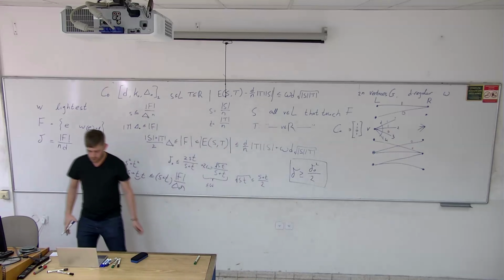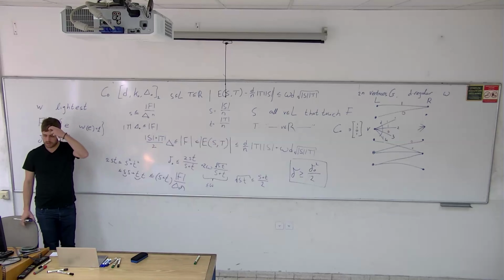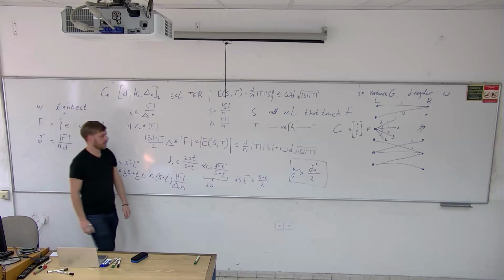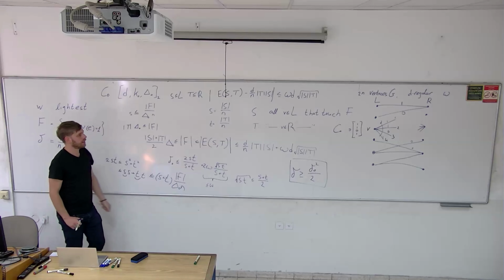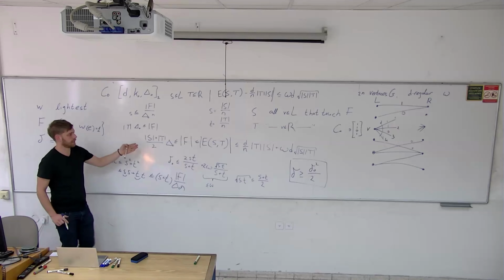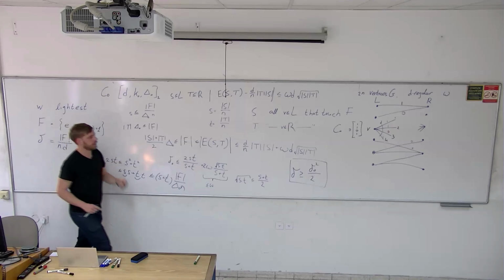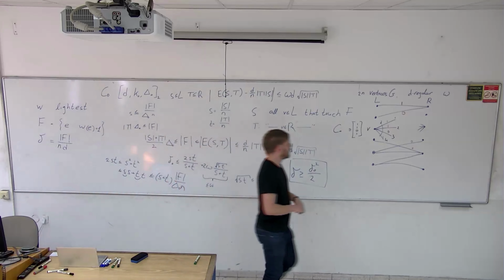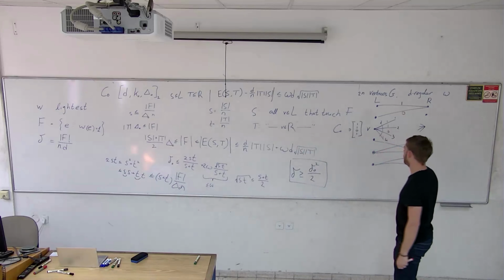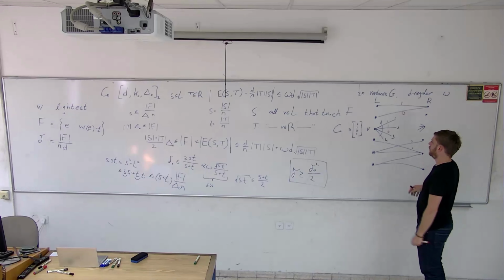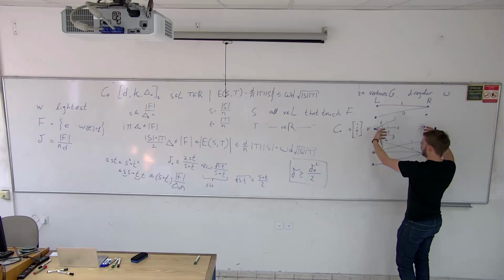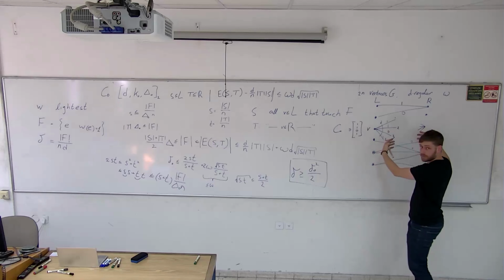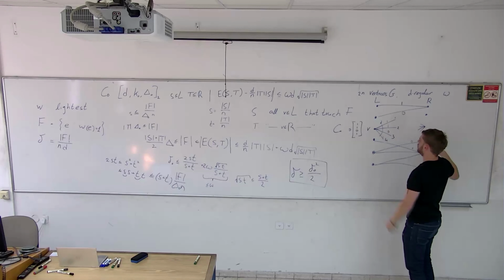Okay, but I think the important thing to take from this proof is the use of the expander mixing lemma. We wanted to claim that F must be large, and then we said, okay, we have vertices on the left and on the right that touch the edges in F, and why must F be large?